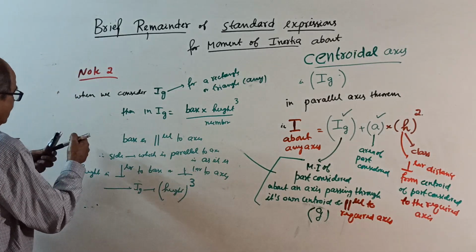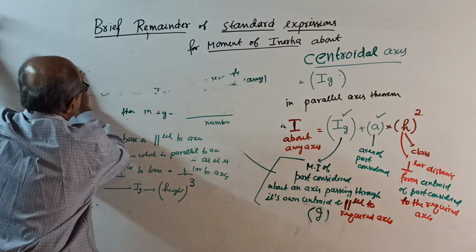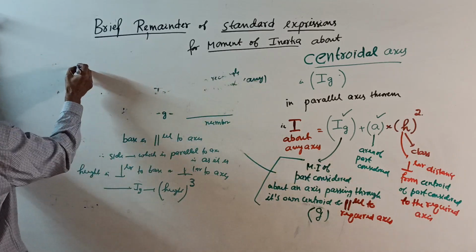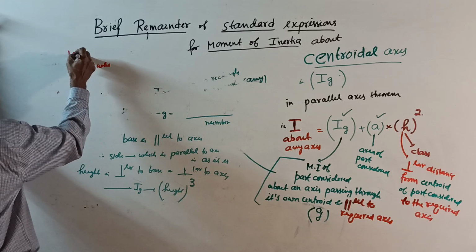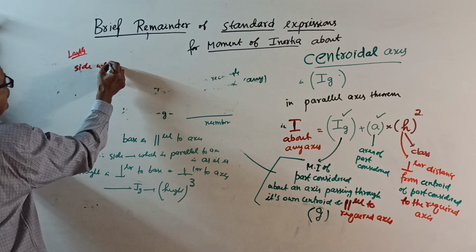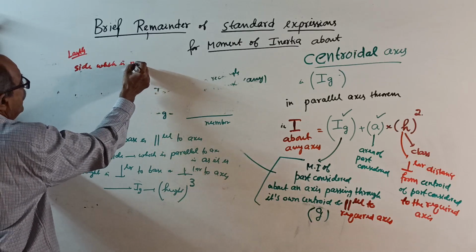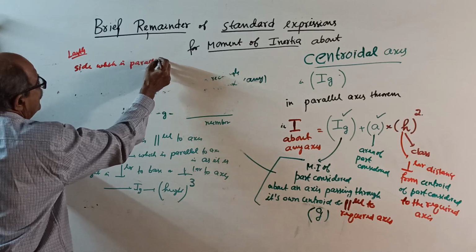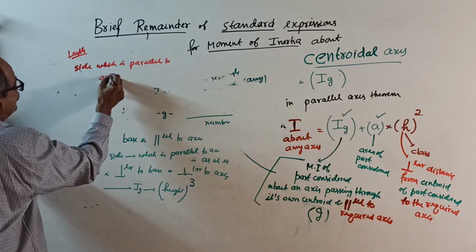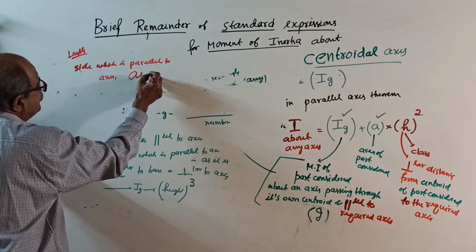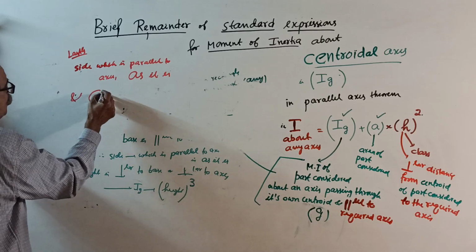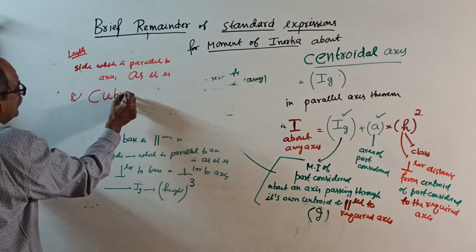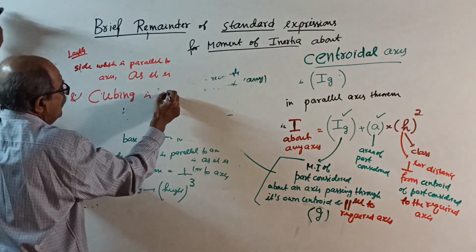I will tell in red color now: side which is parallel to axis, as it is. And cubing.